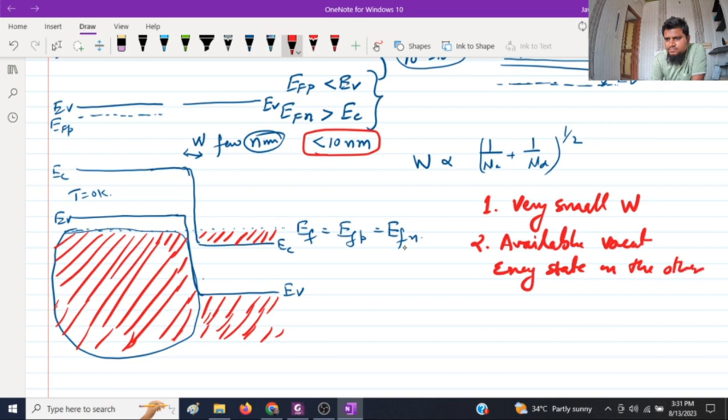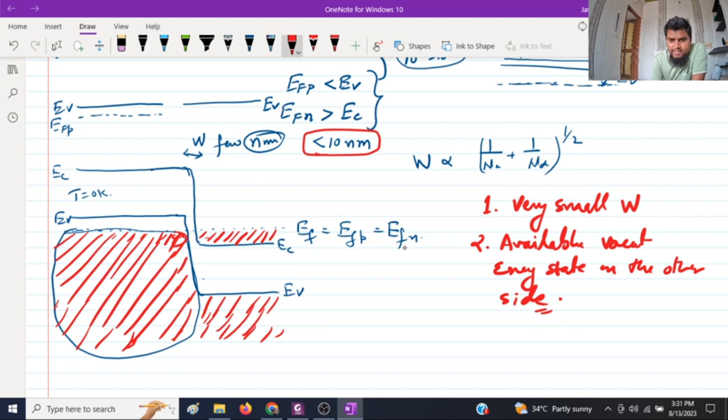Or in opposite sides. Okay, or there are some carriers over here. If this side is vacant, then there will be tunneling, or otherwise if from this side it is filled and this side is vacant, then also this tunneling can happen. However, in this situation you can see that no tunneling is possible because all these states are already filled.